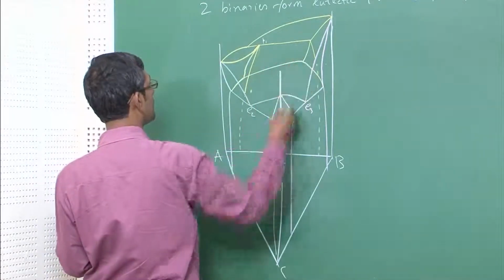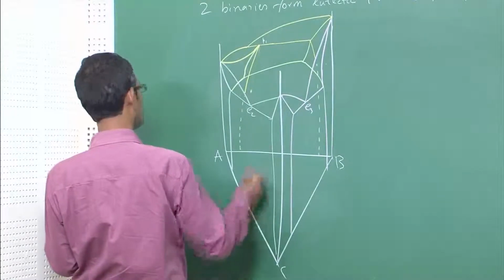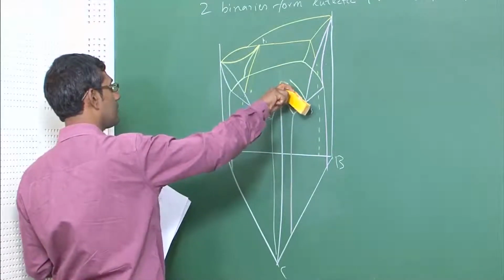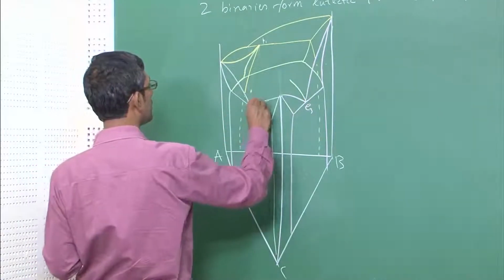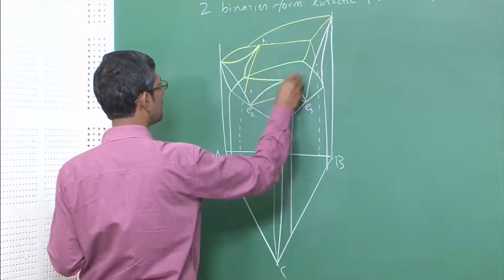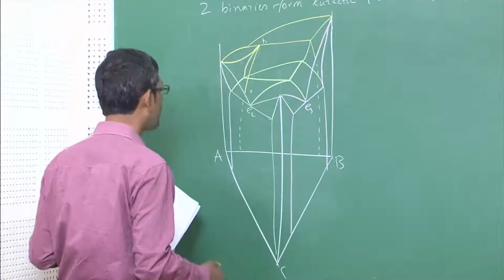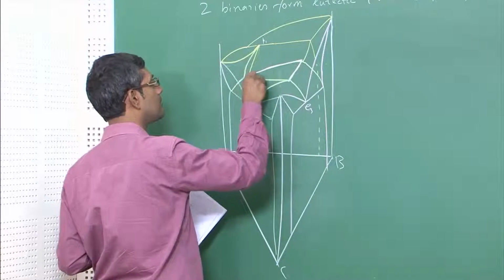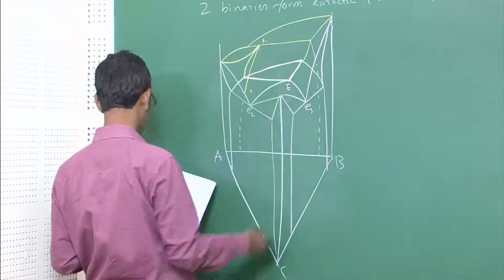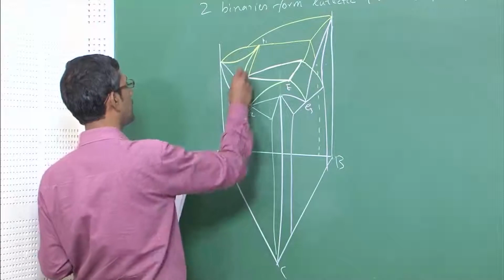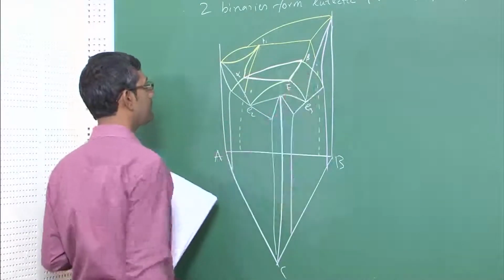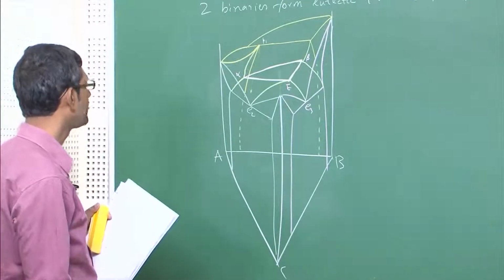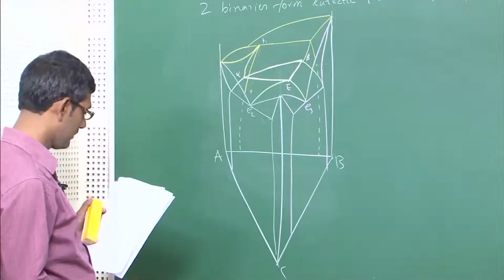So, connect these two and these two eutectics, or rather let me draw the triangle this way. So, this is eutectic, this is alpha beta. So, this also forms a Ternary eutectic.